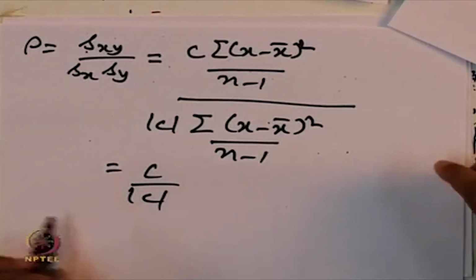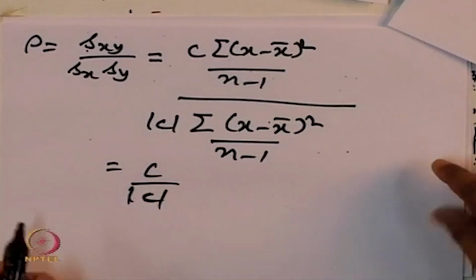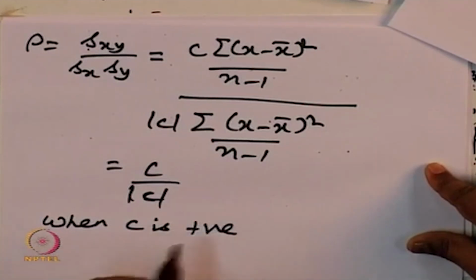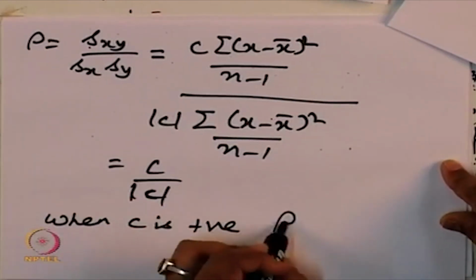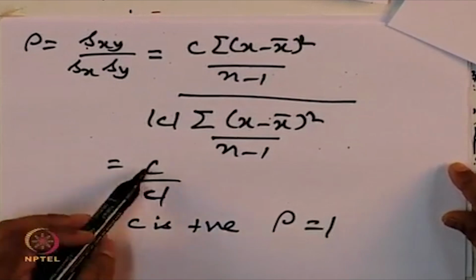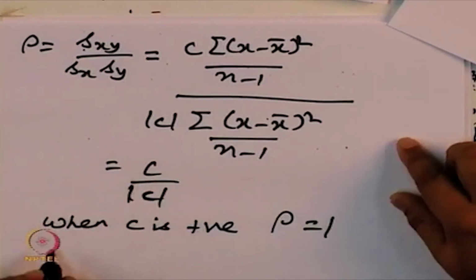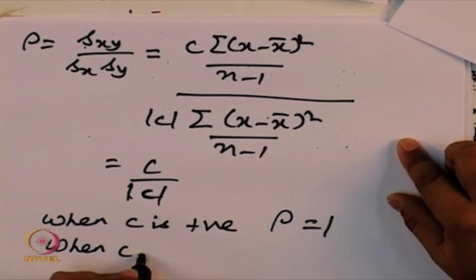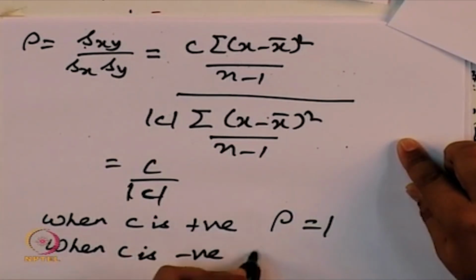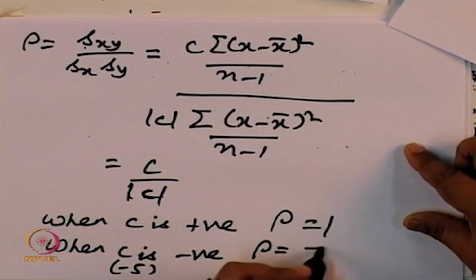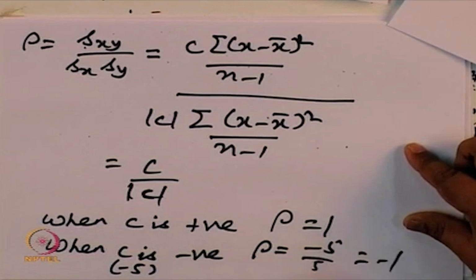Okay. So, when c is positive, I can clearly see rho is going to be 1. So, if, let us say, c is 5, then 5 by mod 5 is simply equal to 1. When c is negative, let us say the example is minus 5 by 5, rho is equal to minus 1.